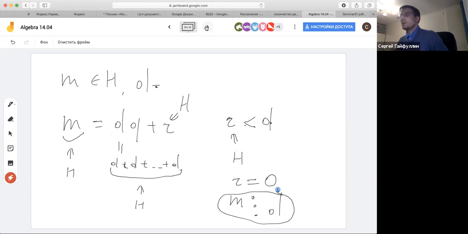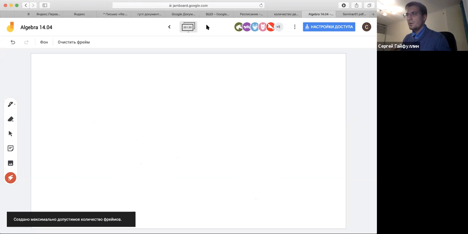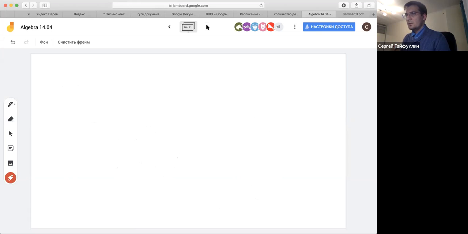So H, let us see on the second frame. We have H. 0 belongs to H, D belongs to H, 2 multiplied by D belongs to H, 3 multiplied by D, and so on.